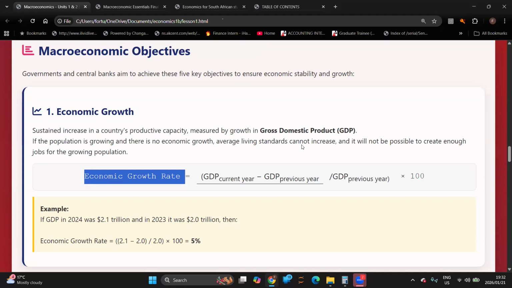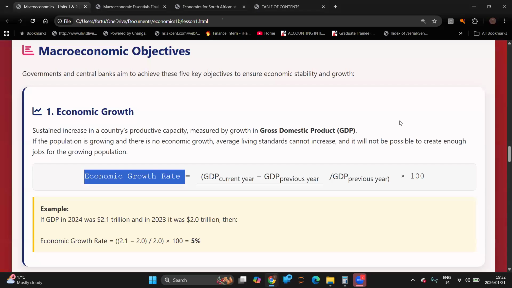As a result, they've been able to cater for all of their average citizens, and hence the average lifestyle of an average citizen in the first world economies as compared to the third world economies is different due to how they've been growing their economies over time. So that is why economic growth is imperatively important, because at the end of the day, what you are going to create comes from the growth of the economy. If you are not going to grow an economy, it means you're likely going to compete for less resources, and as a result, creating issues within an economy.